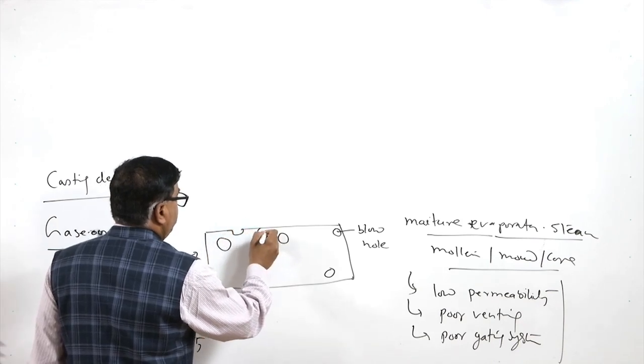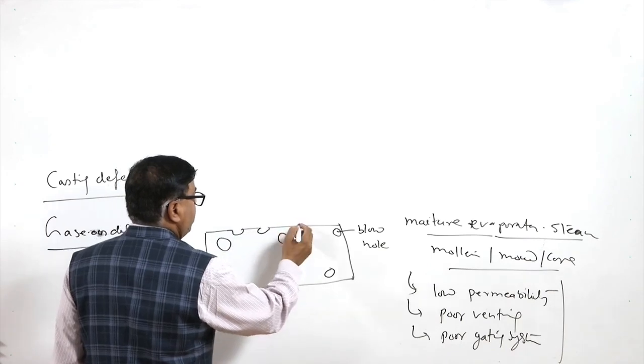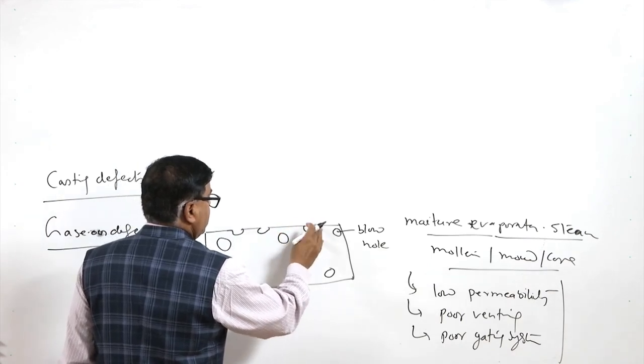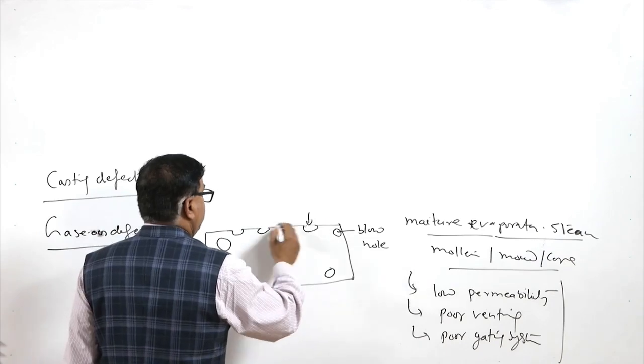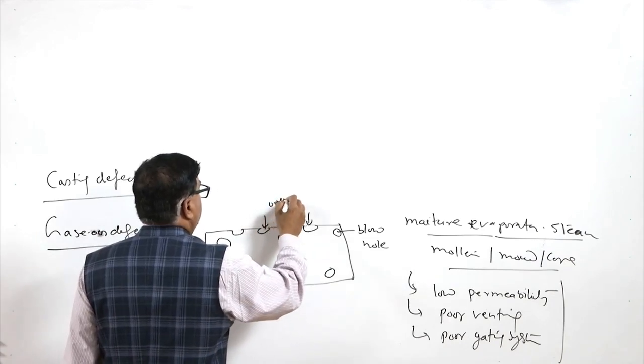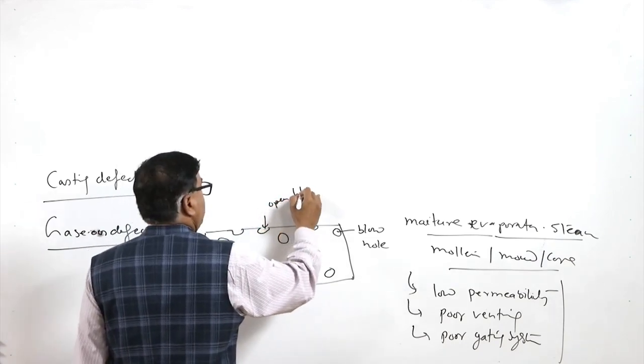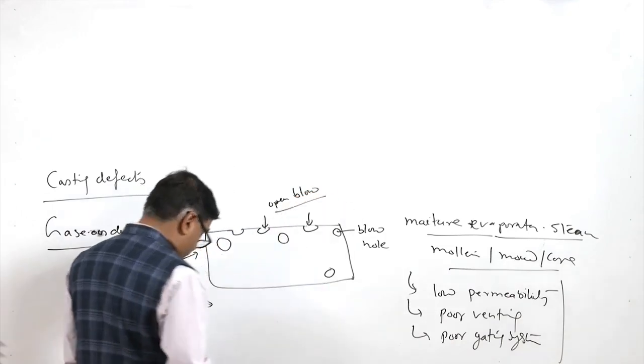So, open holes are blowholes which are open to the surface of the casting. Like this, these are the open blows.